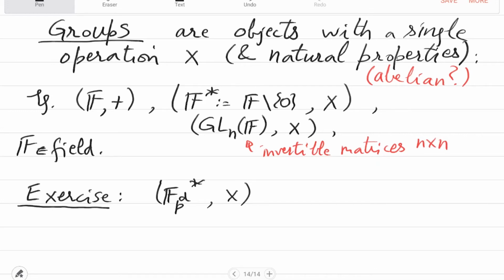Yes, this is a group as mentioned before, but the beauty is that it has a single generator. There is an element g such that g, g squared, g cubed, and so on, this set is the whole field minus the 0 element. So this is a cyclic group.